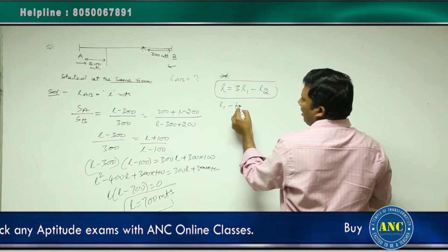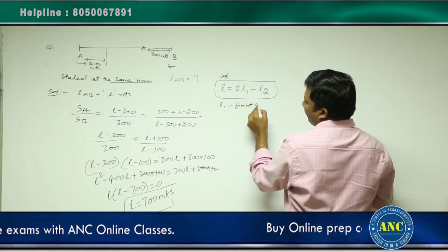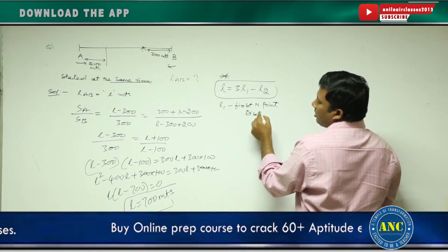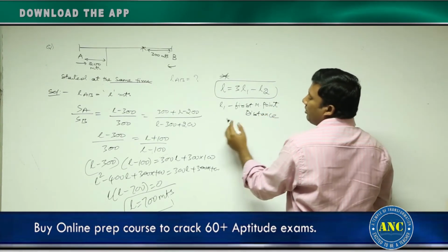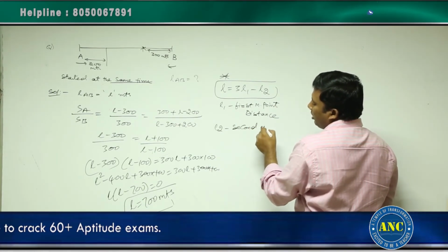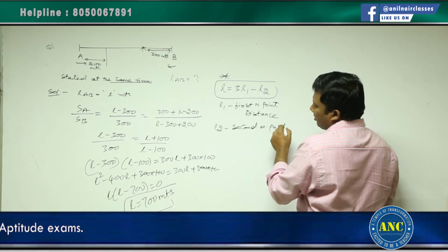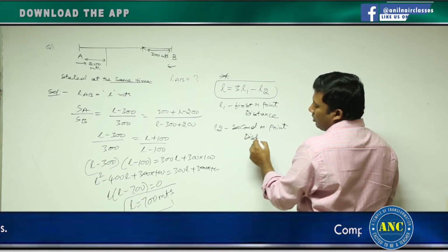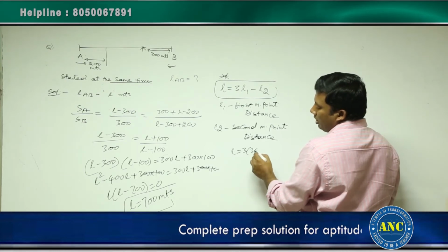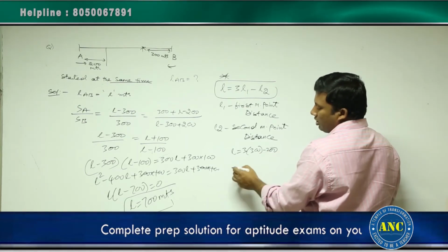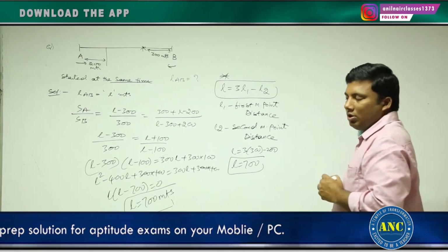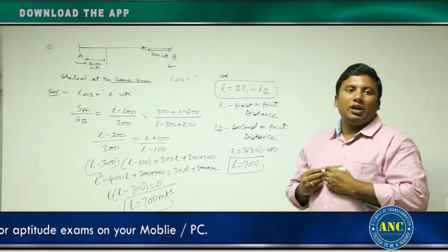L1 is the first meeting point distance, L2 is the second meeting point distance. So L equals 3 into 300 minus 200. L is 700.